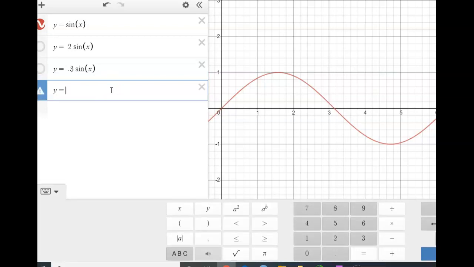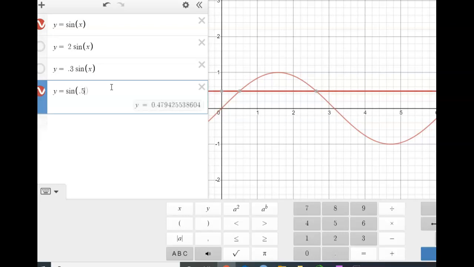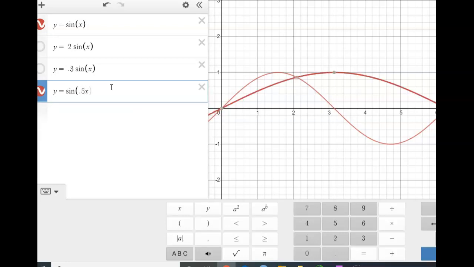Now I want to show a horizontal stretch, so what I'm going to do is enter the function, and the constant multiplying needs to be happening to the x directly because of the horizontal stretching or shrinking. Now if I want to horizontally stretch it, I'm going to think counterintuitively again, and so what I'm going to use is a number that is smaller than 1, and it's going to horizontally stretch it.